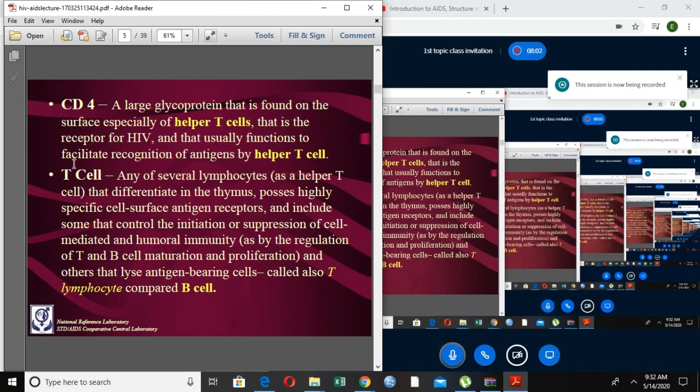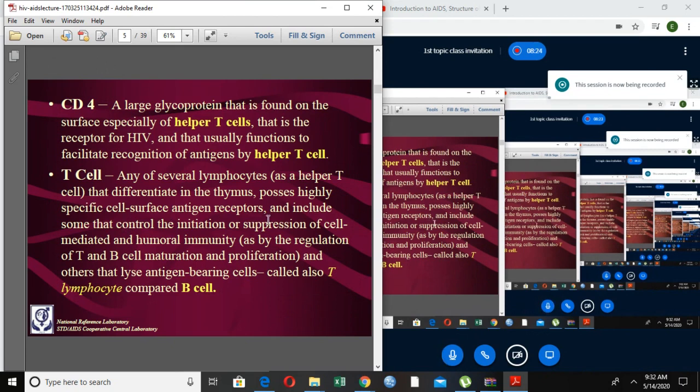Then, what is a T cell? Let's go to help. What is a T cell? And then we'll combine all this in one. This is a type of lymphocyte. An example of this T cell is the helper T cell that I'm talking about, that differentiates in the thymus and possesses highly specific cell surface antigen receptors.